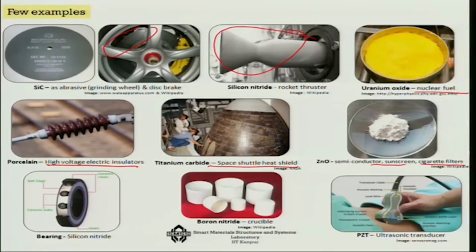For bearings, you get silicon nitride again. Boron nitride in crucibles, and of course lead zirconate titanate, one of the smart materials, which is heavily used in ultrasonic transducers. In all ultrasonic tests, the crystal used inside to generate high frequency vibration is nothing but a piezoelectric material, which is a ceramic material.